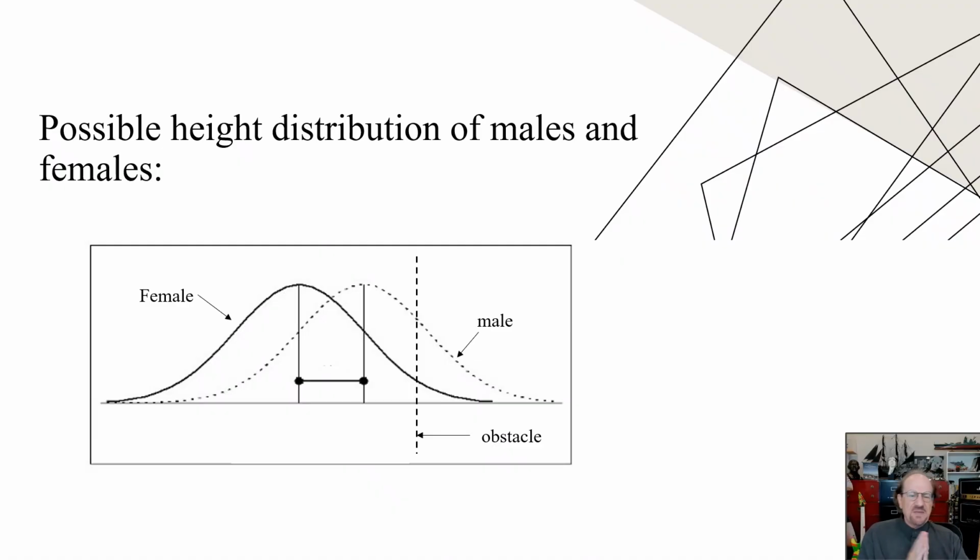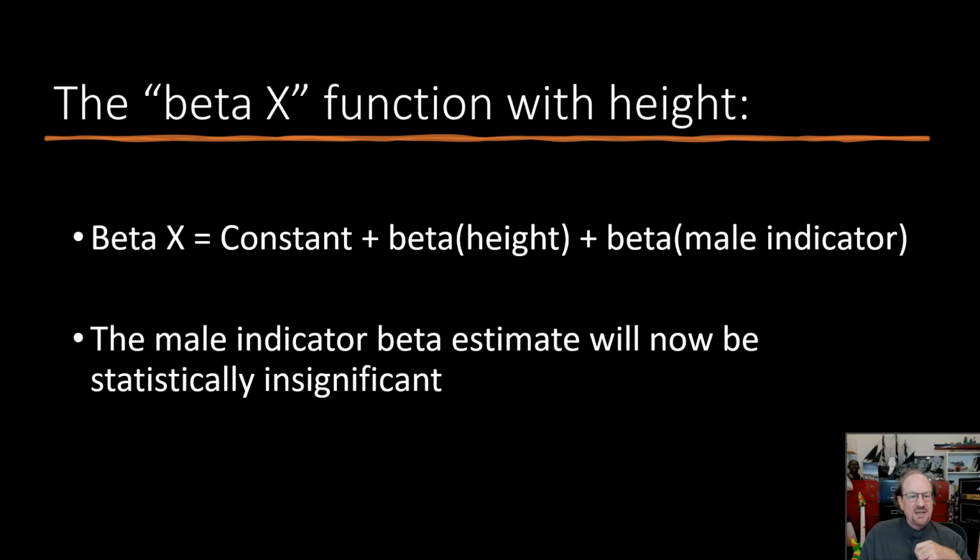You can see that the male distribution tends to be shifted towards the higher values. And if we have an obstacle in the room, there's going to be a larger portion of the distribution that are men above that obstacle height than women are above that obstacle height.